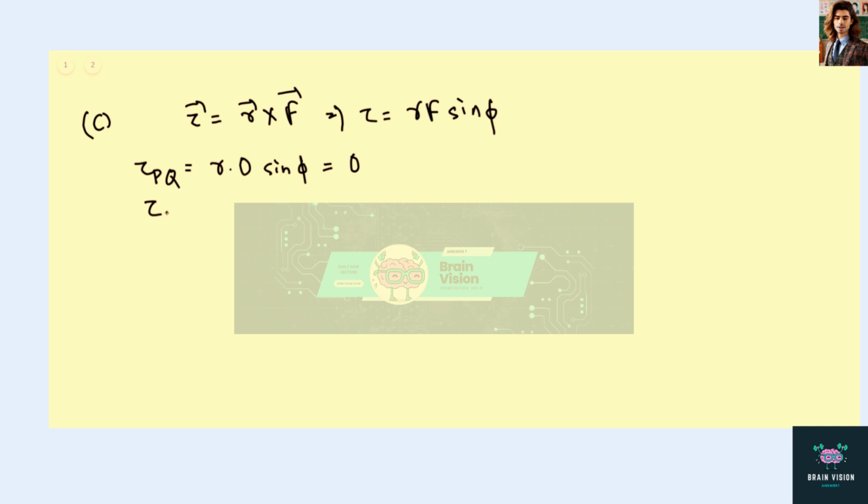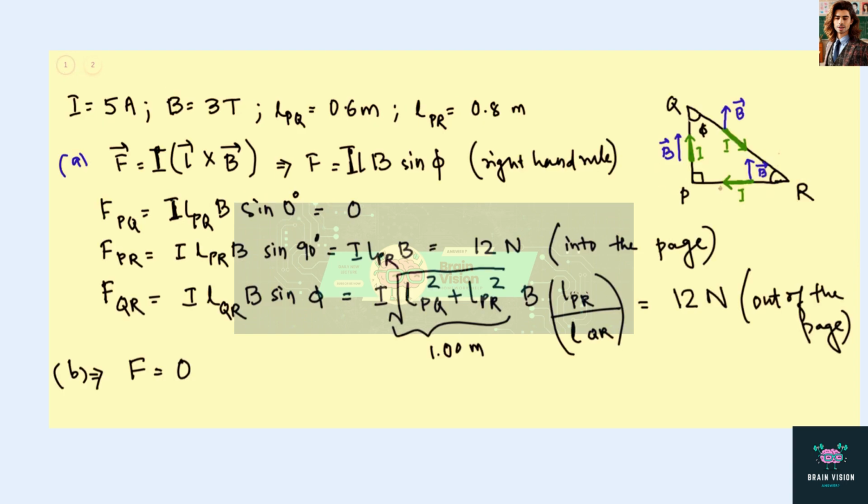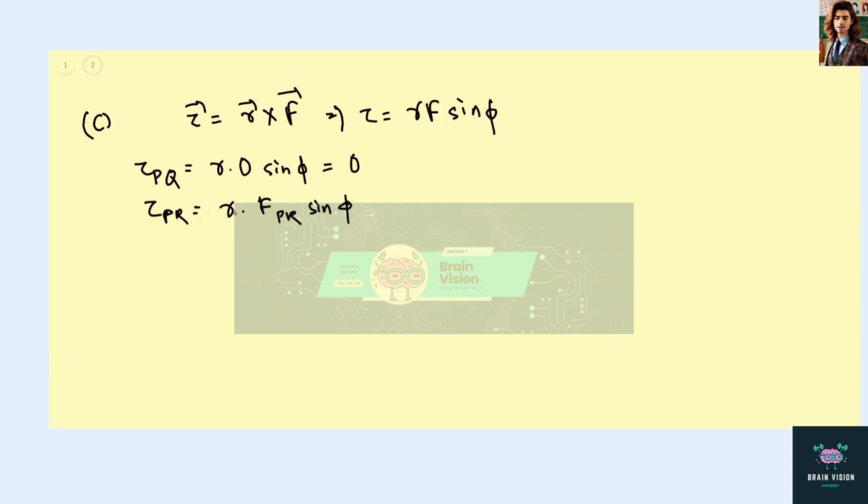Similarly, torque PR will be equal to R times FPR sine phi. But here R is equal to 0 because this is the axis about which we are finding the torque, so torque is also equal to 0.